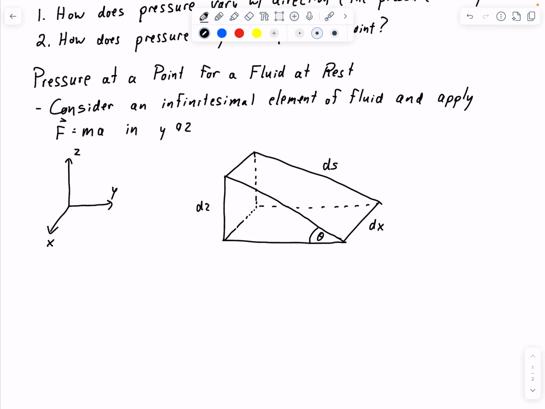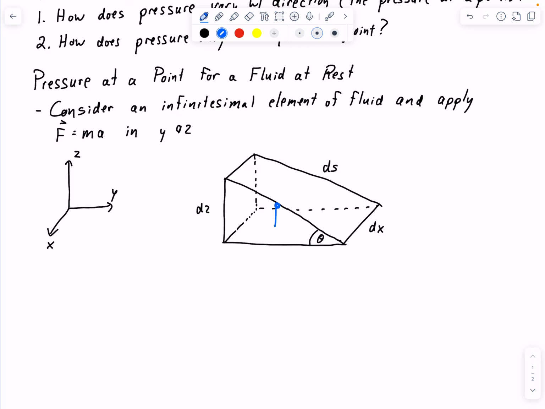Now the forces acting on this wedge are those of pressure and the weight of the element itself. We could draw a little arrow here indicating W, our weight. Our weight is simply the specific weight, rho g, multiplied by the volume.